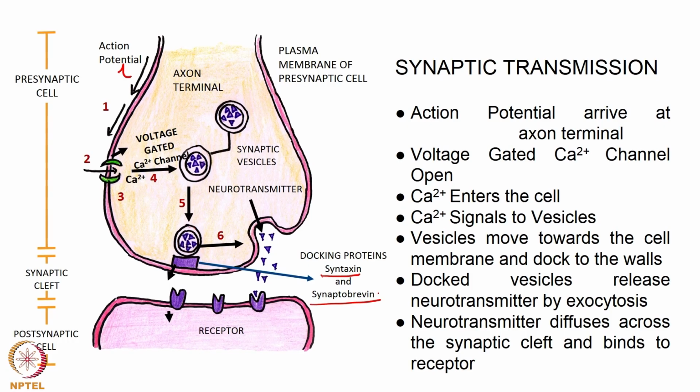The vesicle fuses to the membrane and then opens up on the outside, releasing the neurotransmitter by a process called exocytosis. We saw this in the previous class. Now the question is, what are the various things that could go wrong and what would be the effect of these problems?